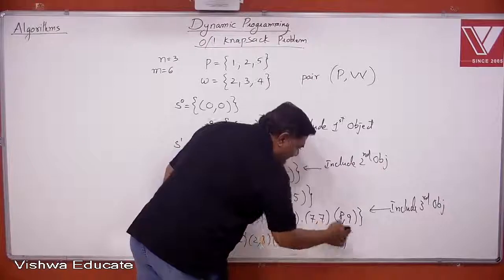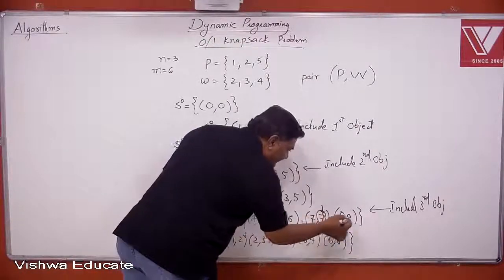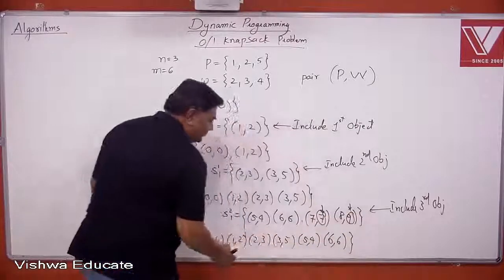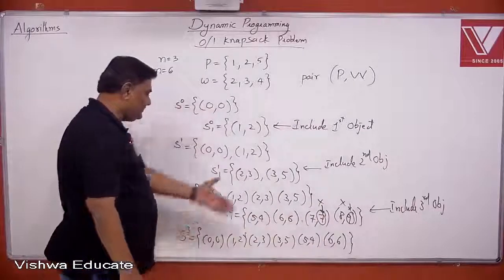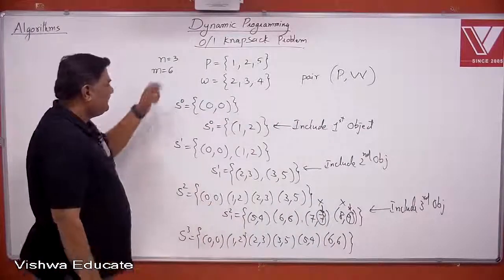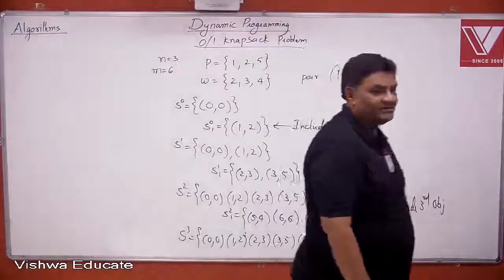Shall I take 7, 7 and 8, 9? If you see, the weight has become 7 and 9. It's useless. I can simply discard these 2 tuples. I need not take them in the solution because my capacity is 6 only. So I have removed them there.